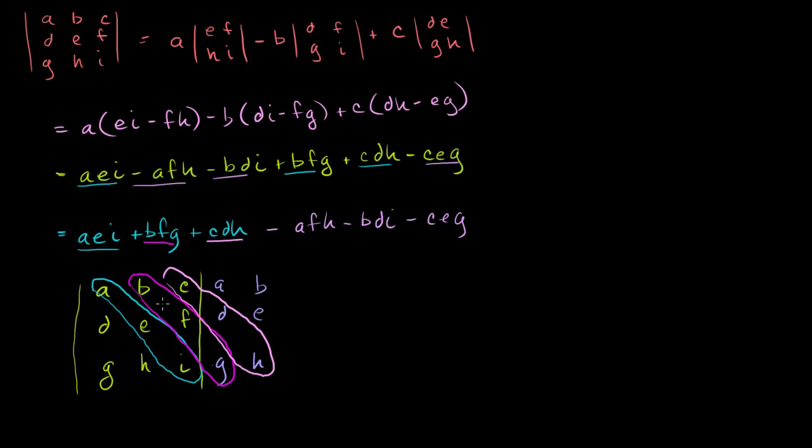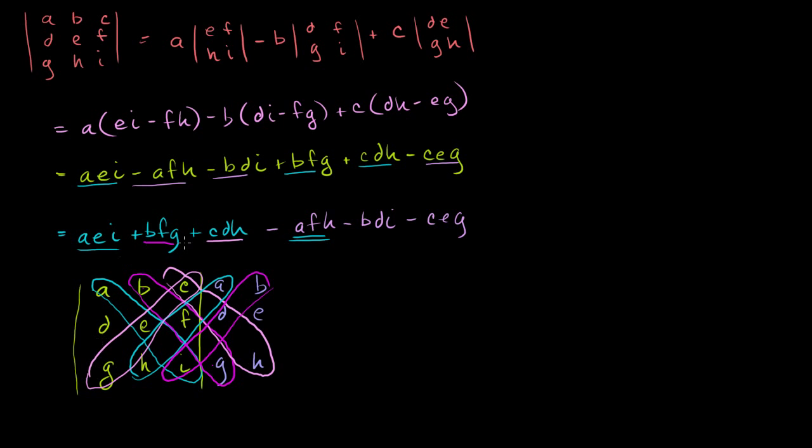So you take this product, add it to this product, add it to this product, and then you subtract these guys. Now where are these guys? Where is the AFH? It's that one right there. So you subtract out AFH, and then you subtract out BDI. BDI is that one right there. And then you have CEG, which is this one right there.